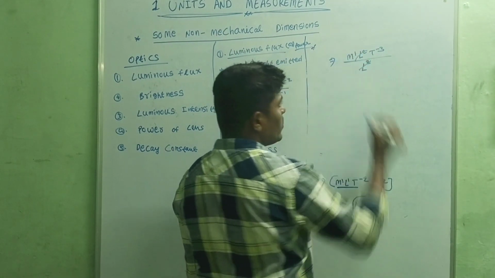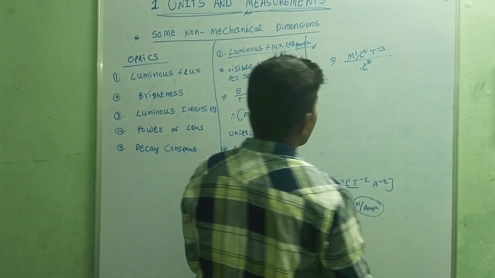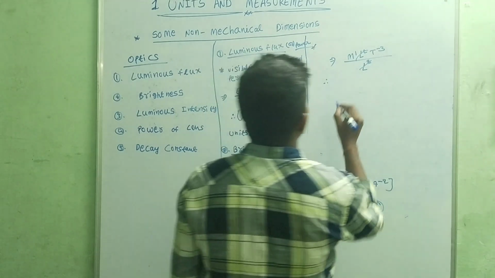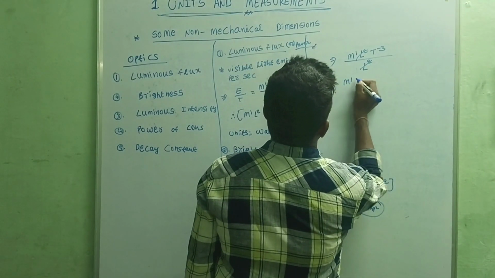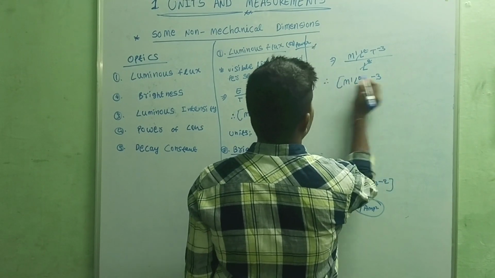Here L2 gets cancelled. Therefore the dimensions of illuminance or brightness is M1 L0 T minus 3.